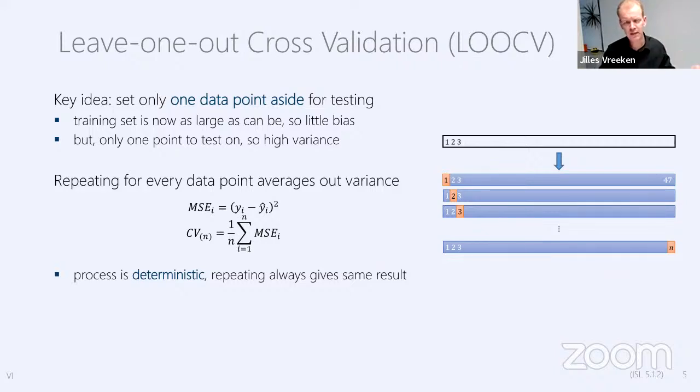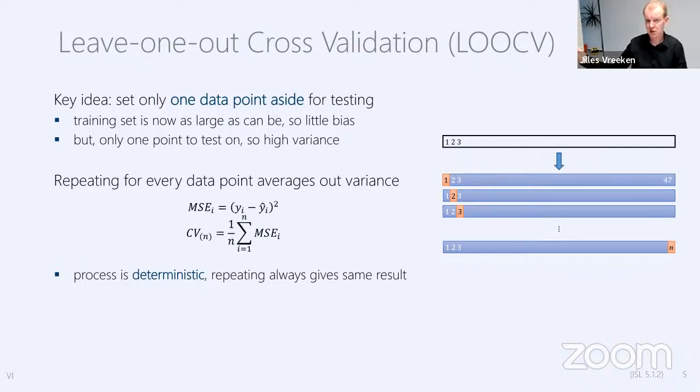I always leave one data point out. I always train with the maximum amount of data. And the mean squared error for one data point is simply the squared difference between the expected output and the true output. And if we now just take the average over that, then we have the leave one out cross-validation estimate.